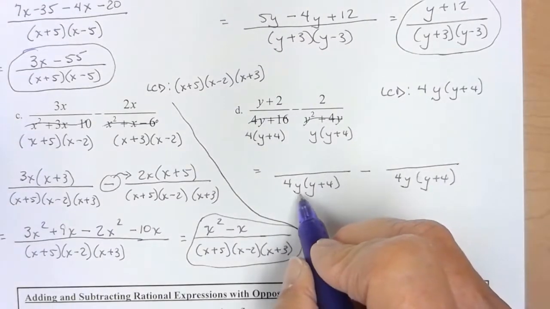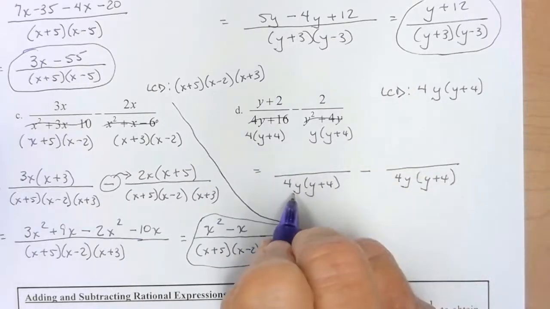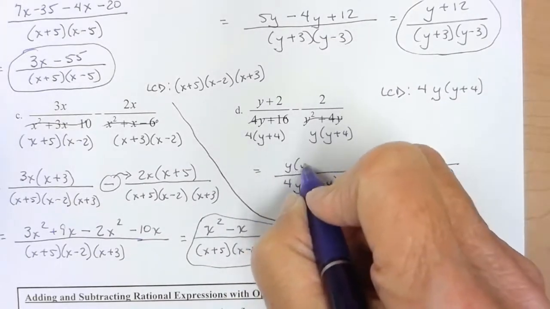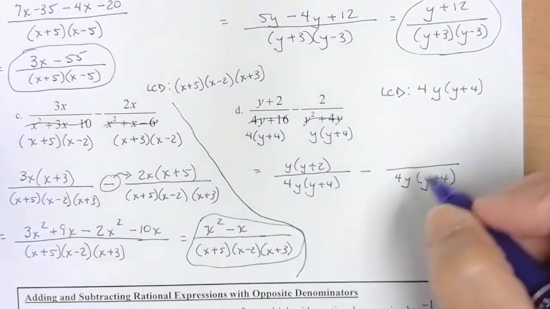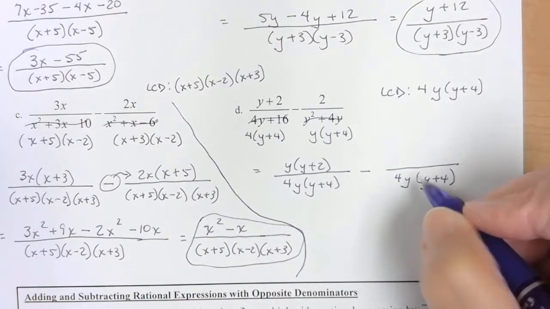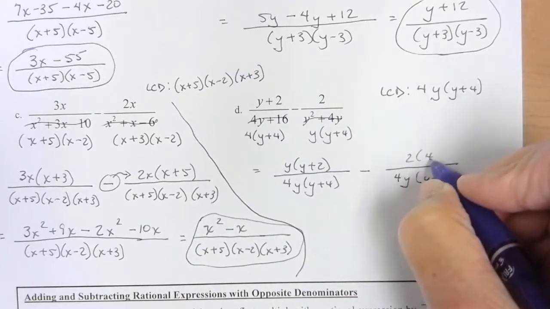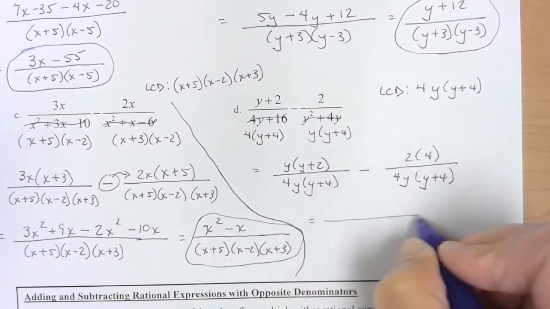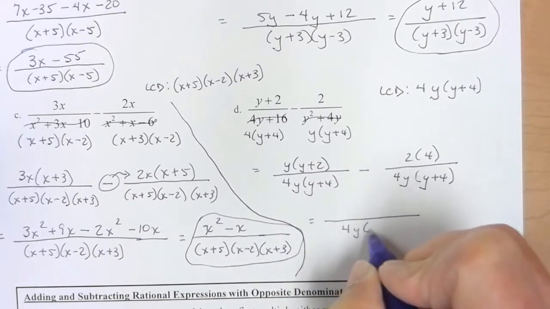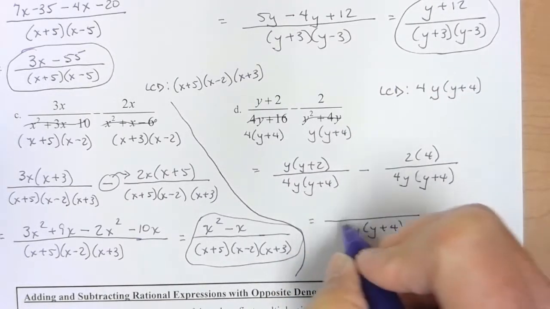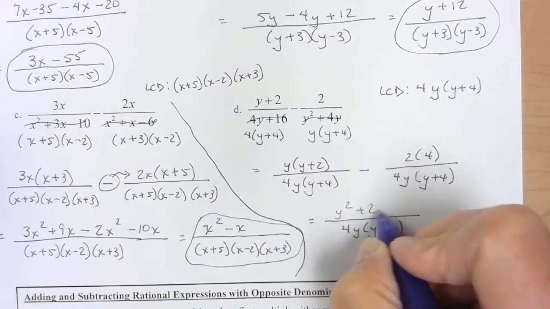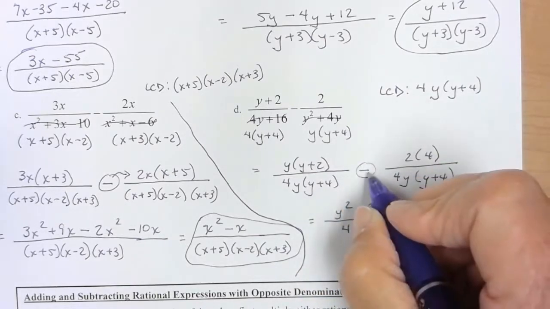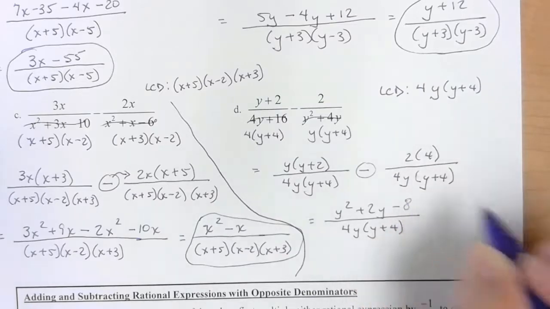And what's missing here is a y. And back here, what's missing is a 4. Remember, that's going to change the signs. I'm going to have a -8.